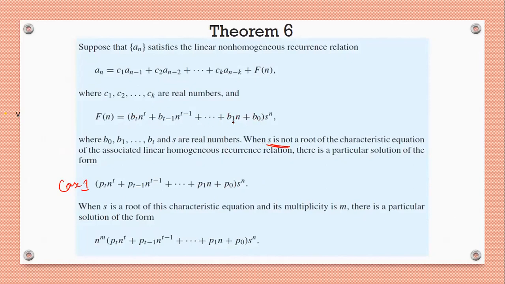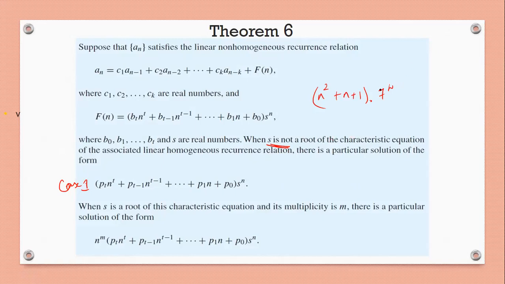If we have all these terms, then we will be taking all these terms. That is, if we have, suppose, n square plus n plus 1 into 7^n, and 7 is also the root of our equation, then we will write p2 n square plus p1 n plus p0 into 7^n. This is how it is written.